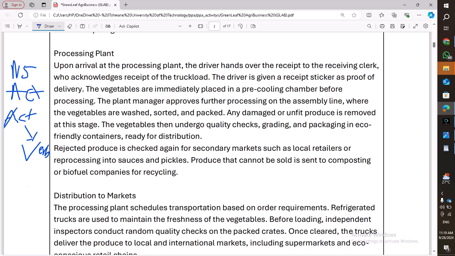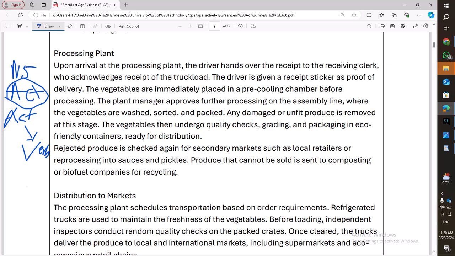Okay, the tip that I will give you: you must always look for actors first, and after finding your actors, you look at what those actors do, which are the verbs.